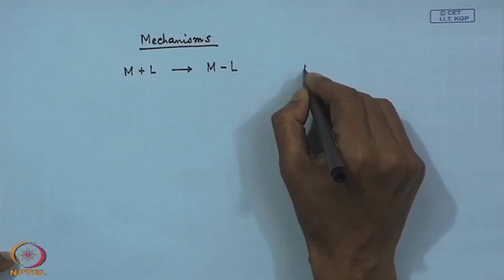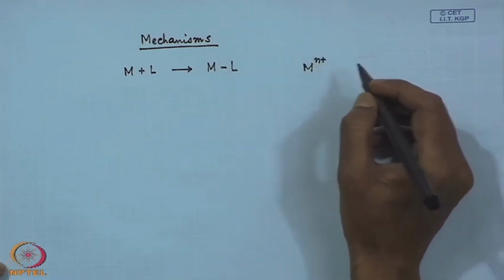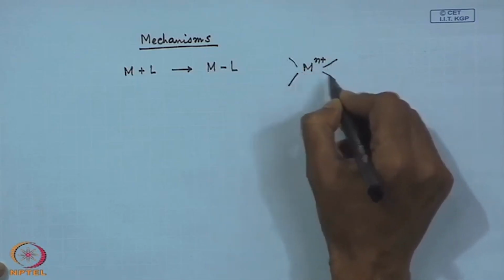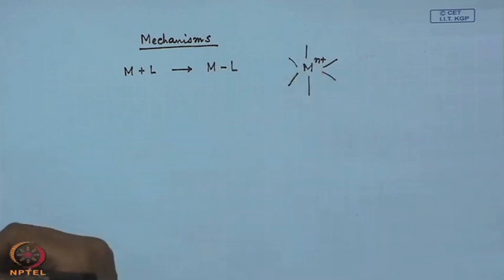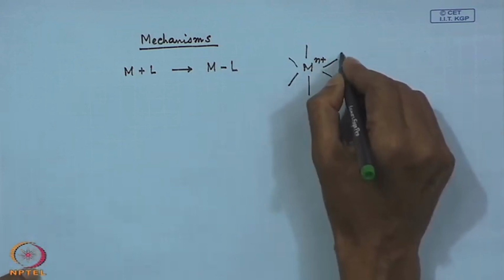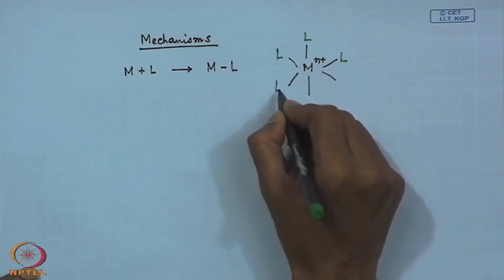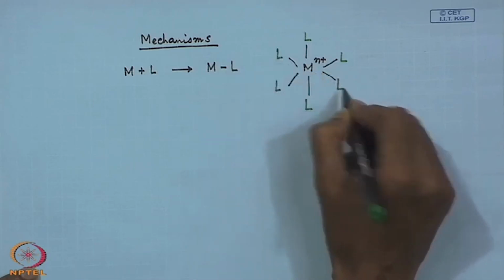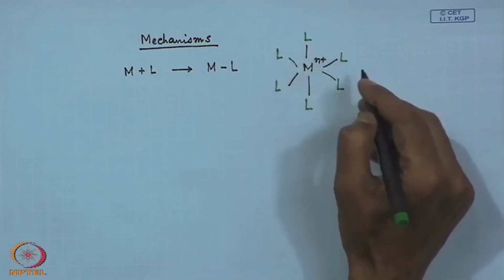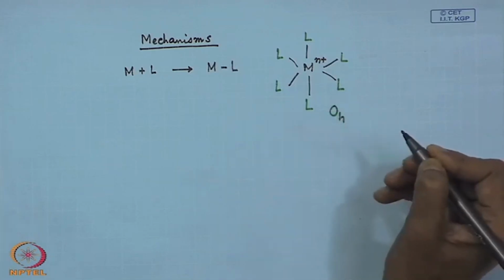If the metal ion is in some oxidation state, say +2 or +3, and it binds to, say, 6 ligand groups, these ligand groups will occupy 6 different positions around the metal ion in a 3-dimensional array, and if these 6 positions form an octahedral geometry, we get the corresponding octahedral complex.